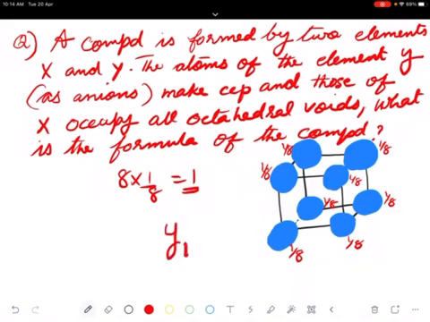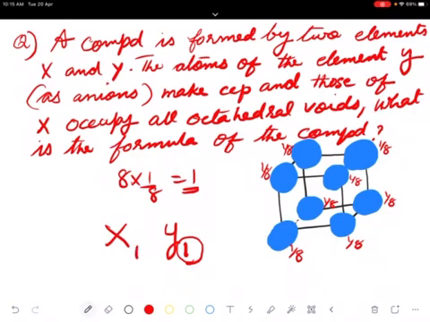What about X? X occupy all the octahedral voids. How many octahedral voids are there? If 1 is the number of Y atoms, octahedral voids will be 1 only.